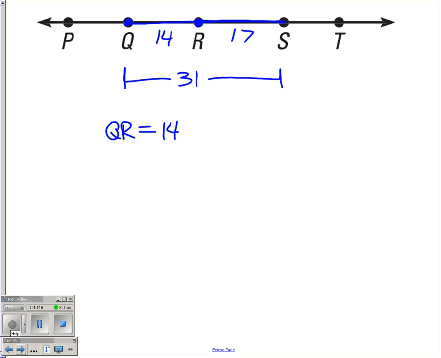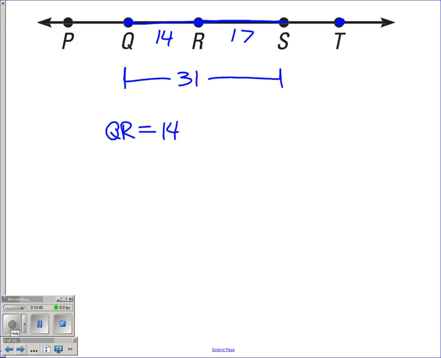Well, I'm going to back up one more. It says that the length of Q to T is 42. So from Q all the way to T out here, this has got to be 42. Well, we already know that from Q to S is 31, so how much more is needed to get to 42?